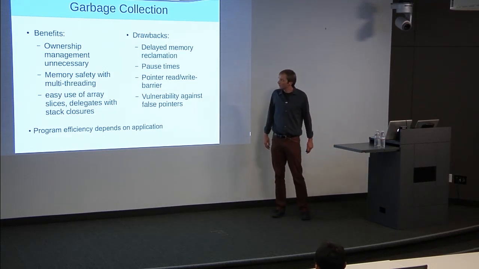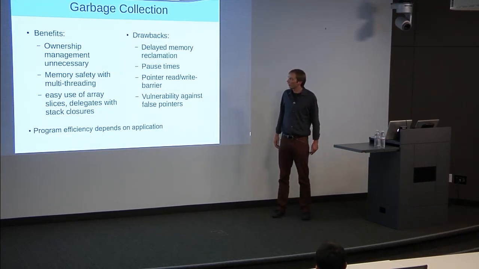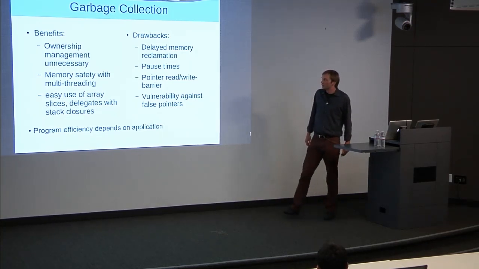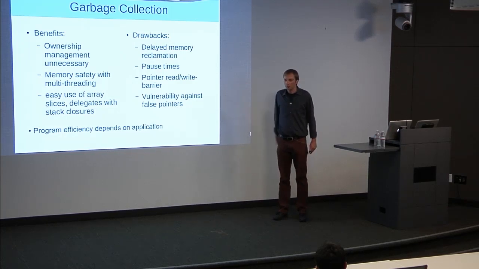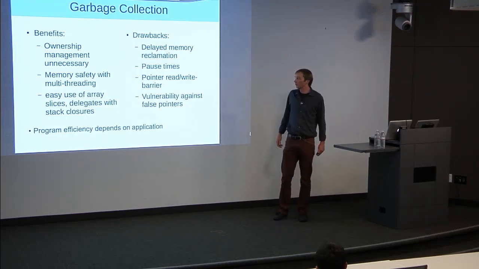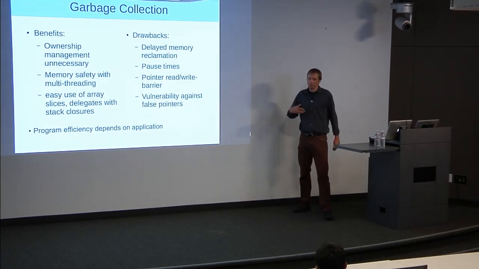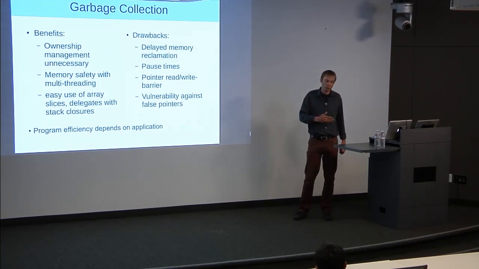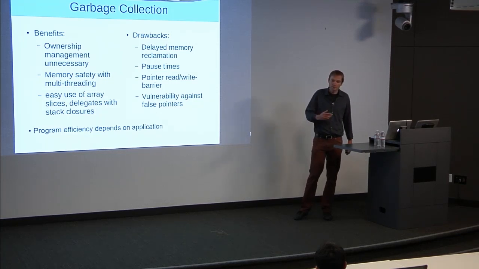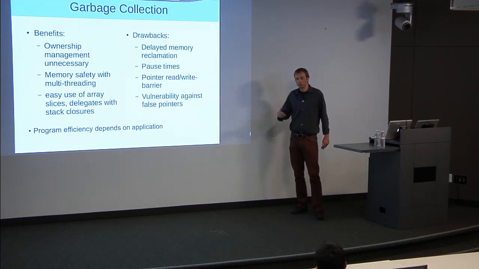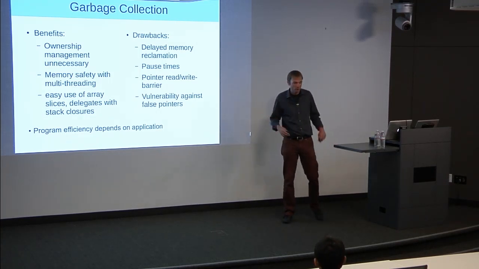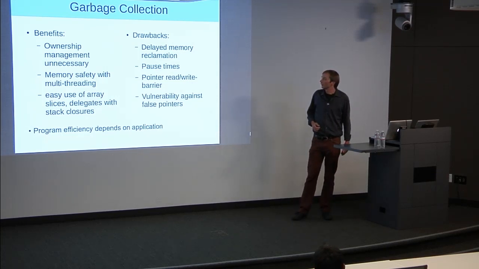Usually garbage collection also introduces pause times during the collection. That's what Leandro was talking about. And depending on the type of garbage collection, you might also have some read or write barriers. That is, if you change a pointer, you have to add additional code to not just write the memory location, but also log it somehow or change reference counts or something like that.